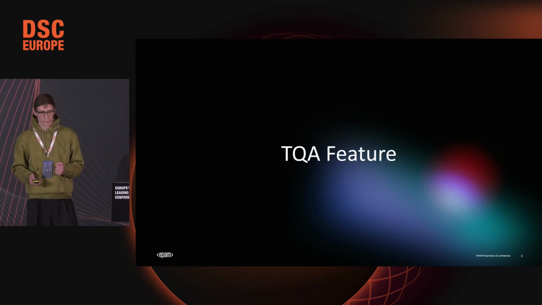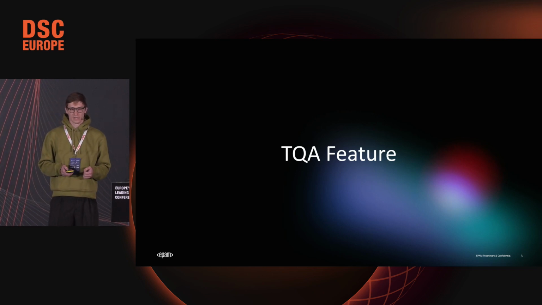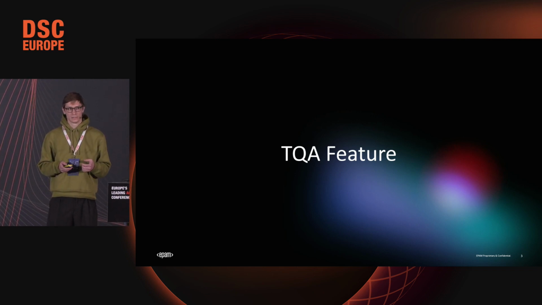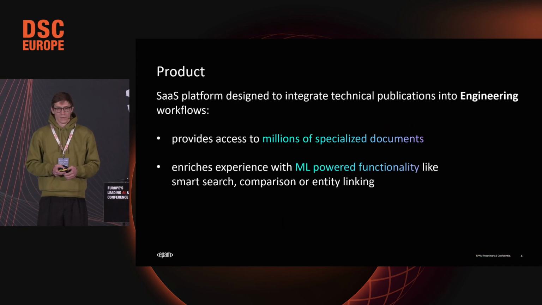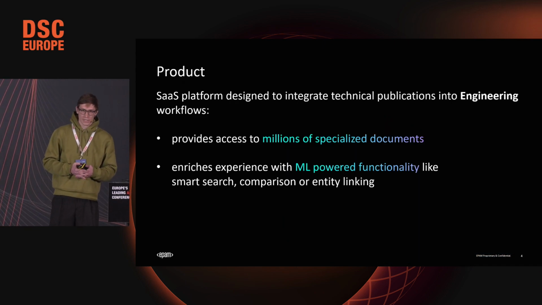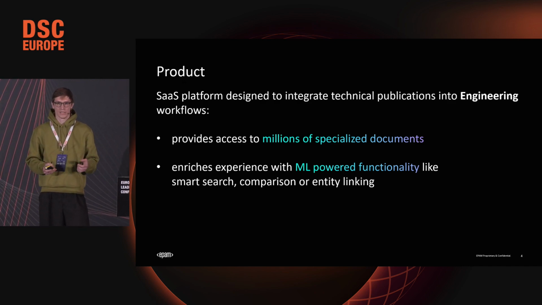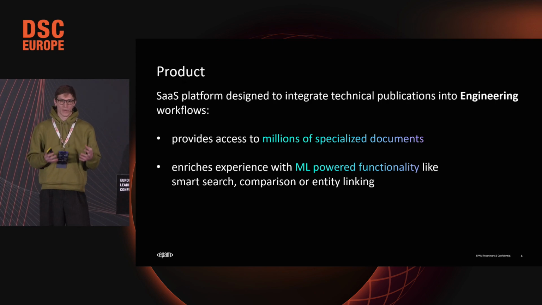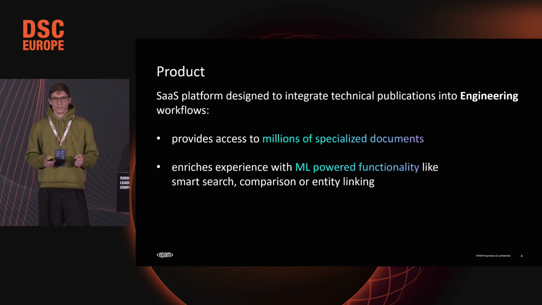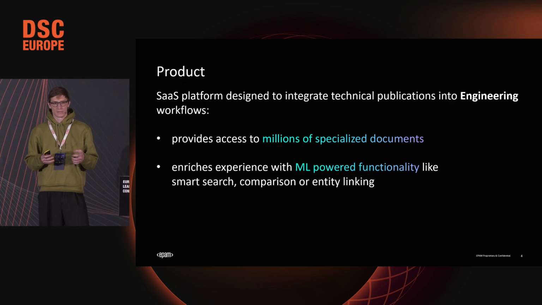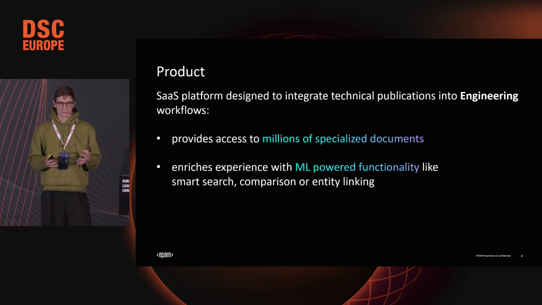And after that, I will cover some pieces of our production system. So let's start with the product itself and why we might need such a feature in it. The product we are working with is a system which provides access to very technical documents to engineers. And the goal of this system is to enhance their workflows, meaning that they can use knowledge from those documents in their engineering work.